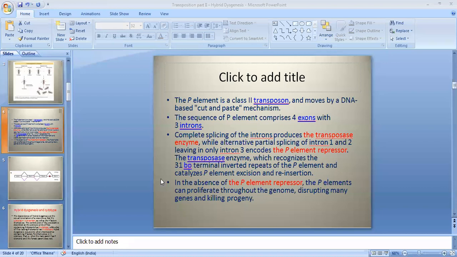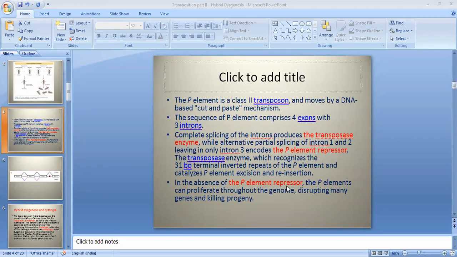Here in the P element, this inverted repeat is 31 base pairs long, and these 31 base pairs are recognized by the transposase. After that, it catalyzes P element excision and reinsertion. So this longer protein, the transposase, causes the transposition of the P element by this mechanism, in brief.